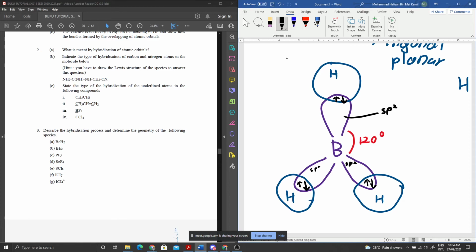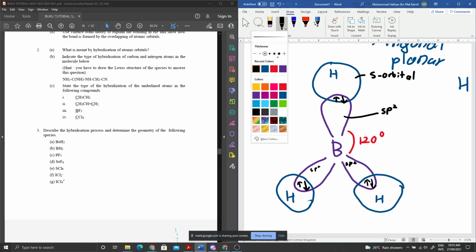Okay, even though you betul, dia penat-penat, dia might tersalah nampak and lantak budak ni. Dia bagi salah. Okay. And then you also need to draw the s orbital. Label the s orbital. And another thing is, okay, untuk boron dia ada satu je type of bonds, which is sigma bond.